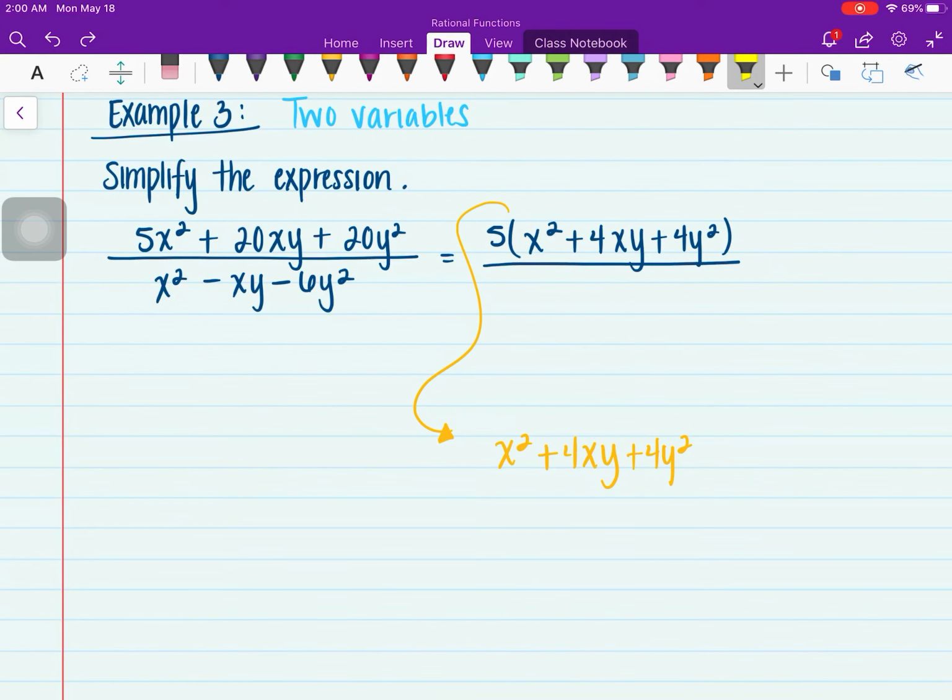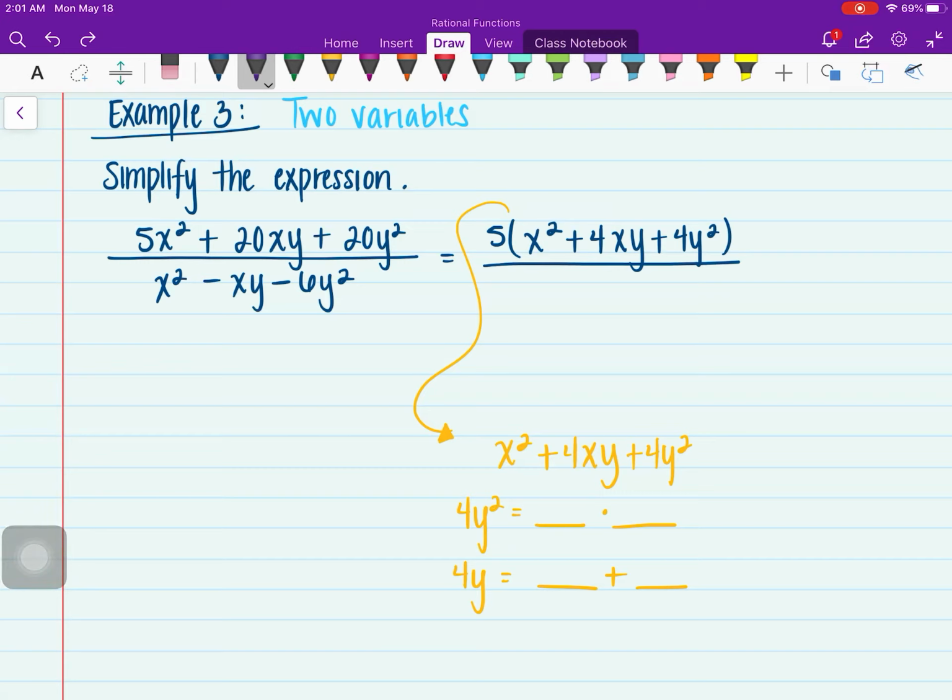When we are factoring this, we're focusing on the last term, which is a 4y squared, and we're ignoring the x for now. We're looking for two factors that multiply to 4y squared and add up to 4y.